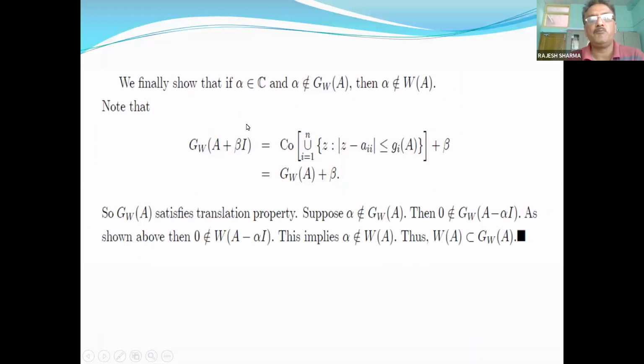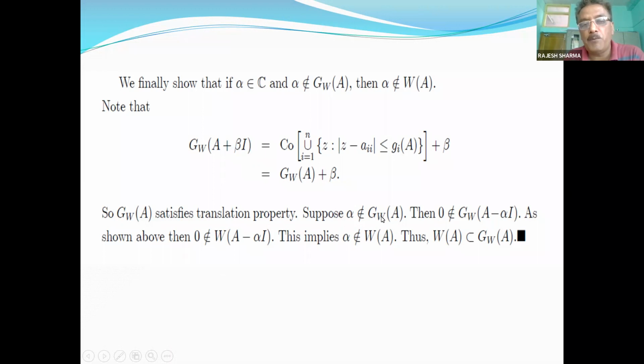Finally, we show that if alpha does not belong to GW(A), then alpha does not belong to W(A). Now this GW(A) plus beta I also satisfies the translation property. That is, these centers are just translated to some new position by the factor beta.